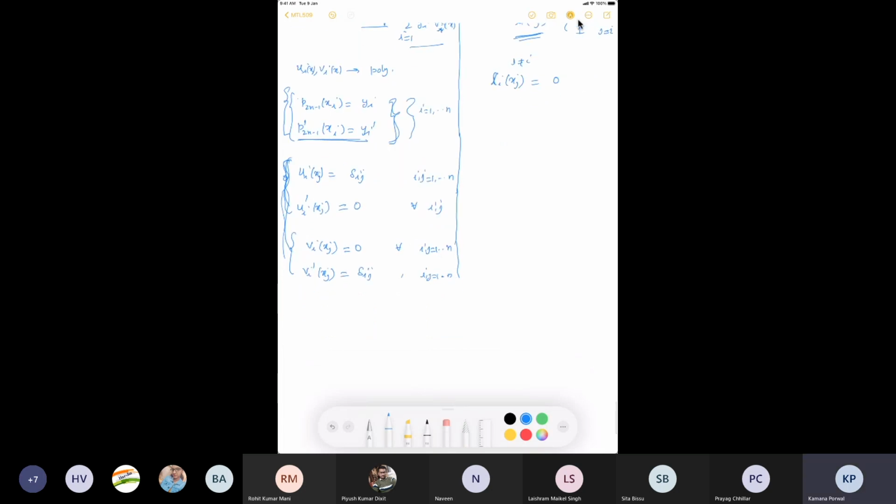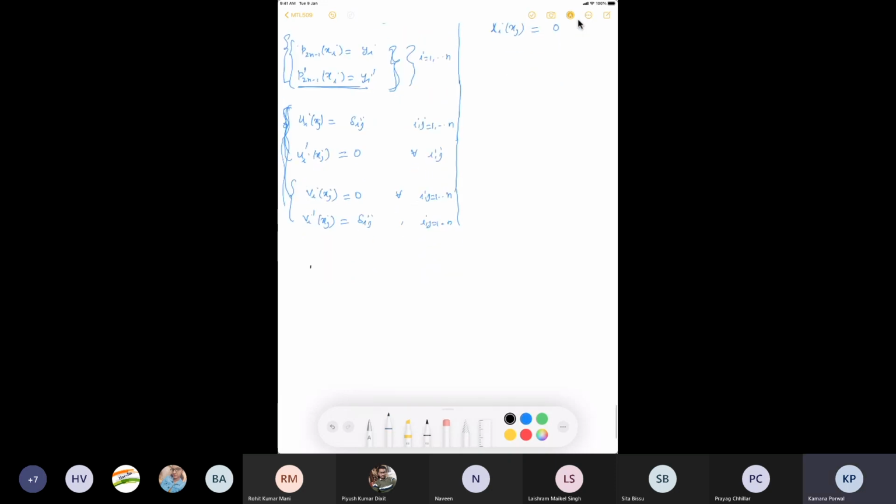And what do we want? Let's try to focus on the ui first. So for ui, we want that when you evaluate this, for j not equal to i, this should give me 0, right?